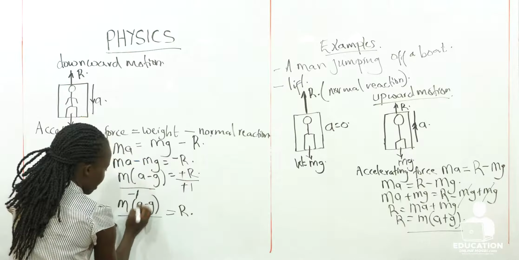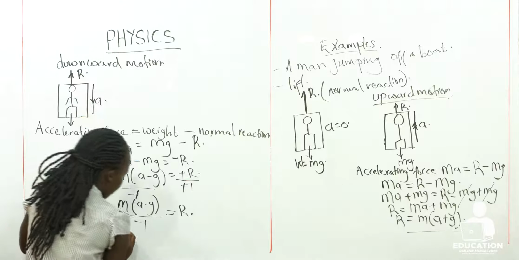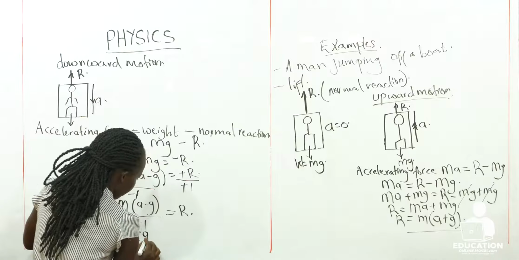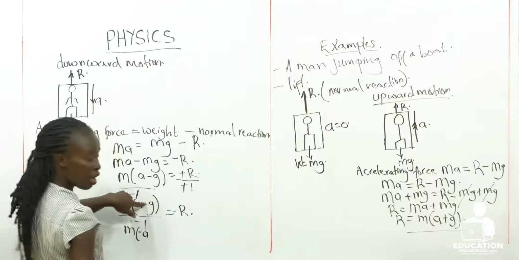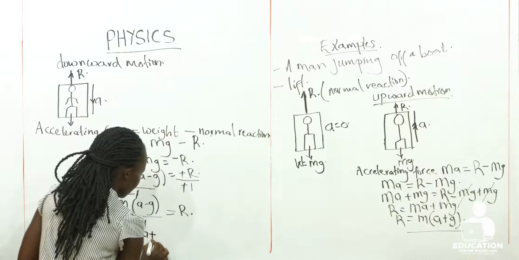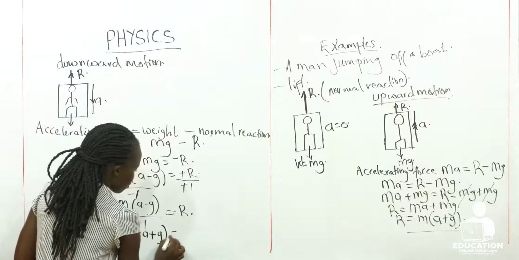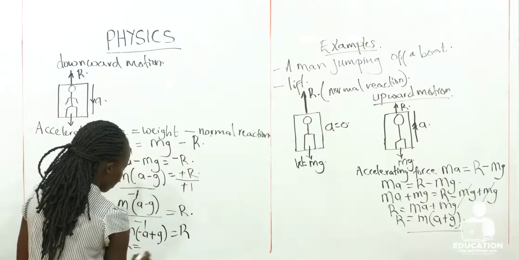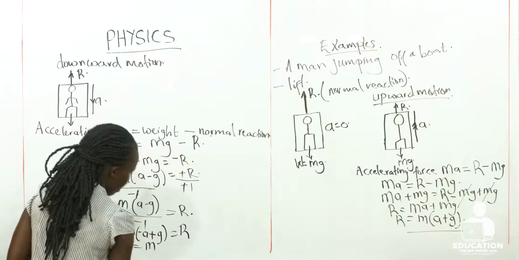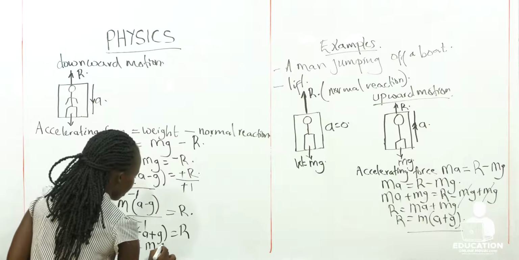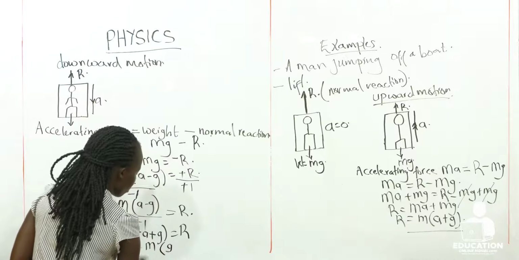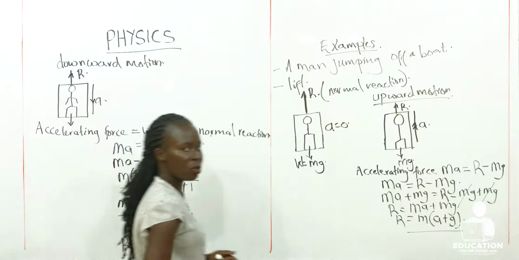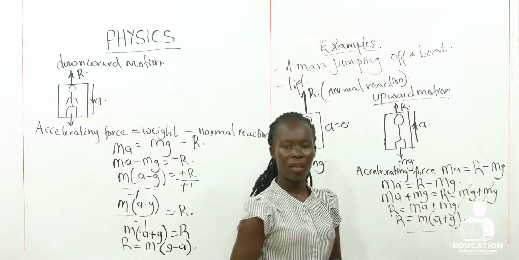If you divide this by negative, we shall have m times negative a, but then negative divided by negative will give us plus g, which is equal to R. That means that our R is equivalent to the mass of the body times the acceleration due to gravity minus the acceleration with which the body is moving.